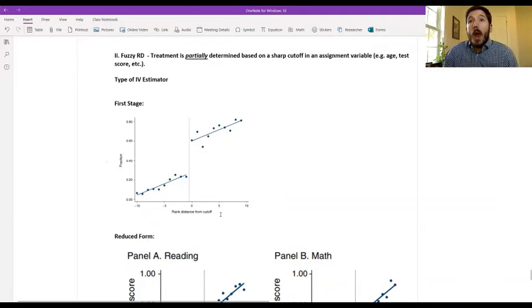It has to do with the rank of the student in the class. So we've got this cutoff, and if you're a little bit above the cutoff, you're more likely to get in. This guy here is 60% likely to end up in that classroom, whereas this guy over here is only 23% likely to end up in that tracked classroom. So it's not fully determined.